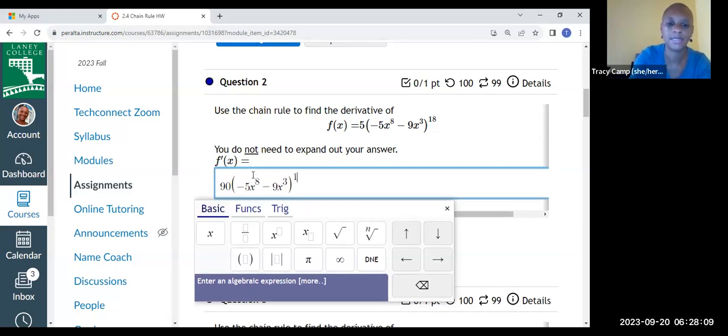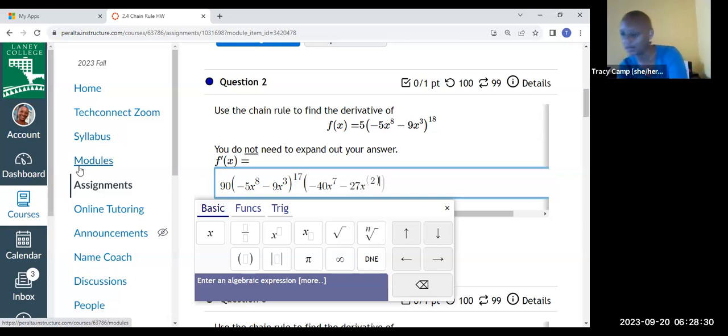Oh, 17, because I'm taking 1 away from the power. And this is multiplied by the derivative of -5x to the 8th, which is -40x to the 7th, minus 3 times 9, which is 27x squared. And that's what I had written, right?